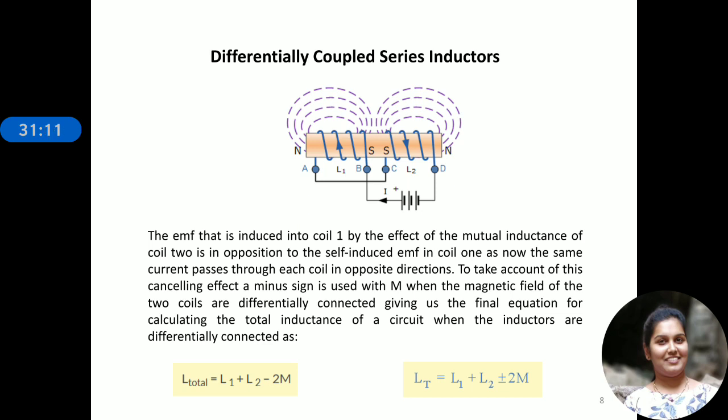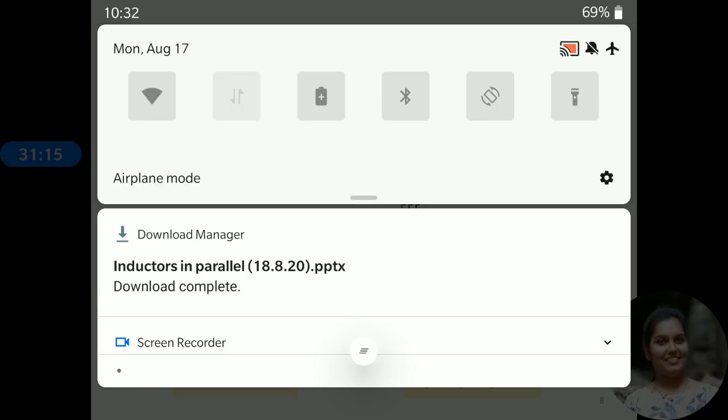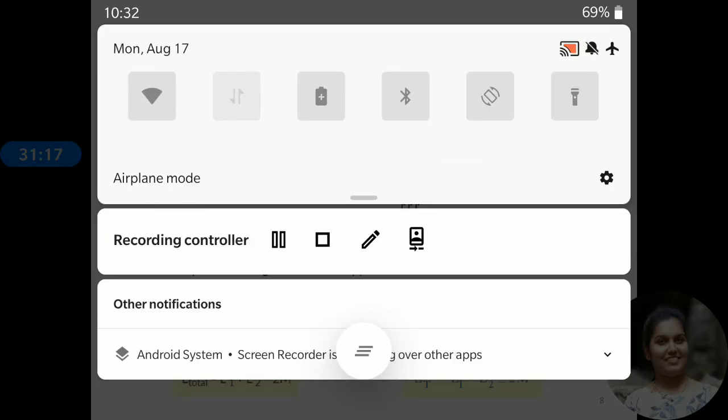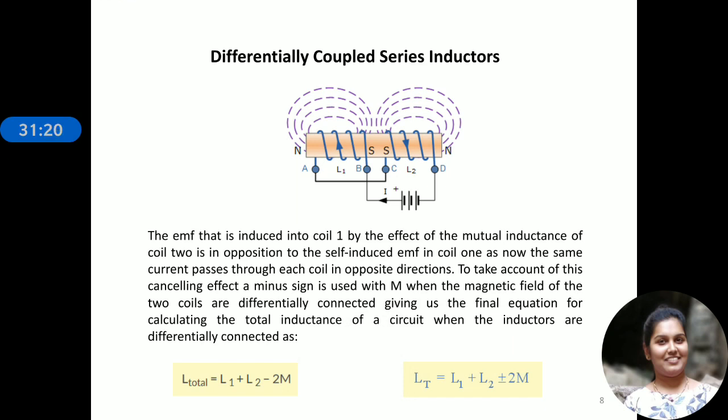Mutually connected series inductors are classified as either aiding or opposition, with the total inductance depending upon whether the coils are cumulatively coupled, that is current is flowing in the same direction, or differentially coupled, when current is flowing in the opposite direction.